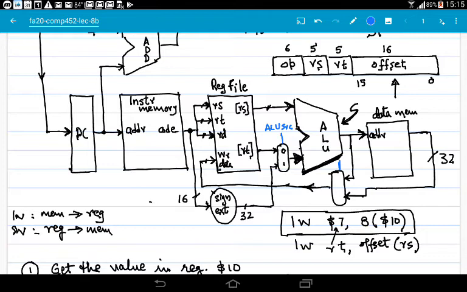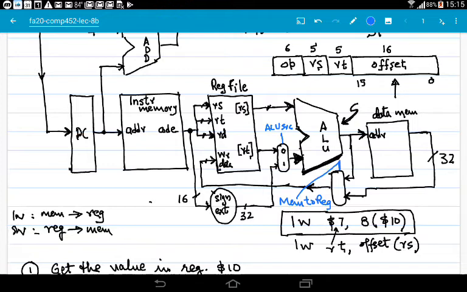And this signal we are going to call mem to reg. This signal will be called mem to reg signal.